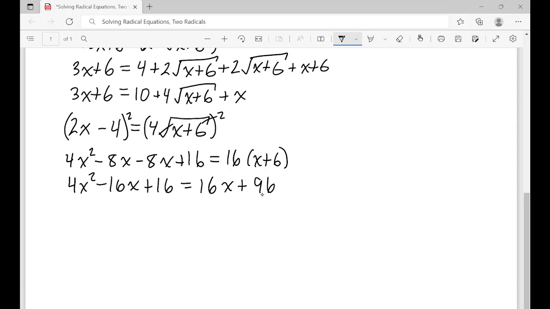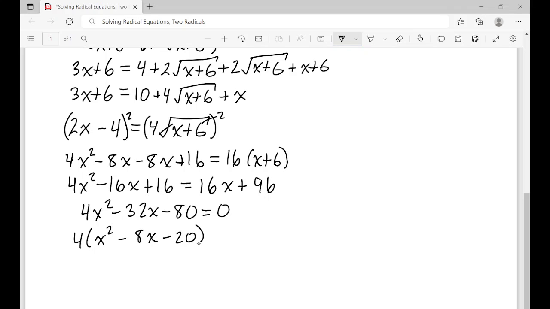Now, finally, no more roots, so I'm going to move everything over to one side, subtract the 16x over, subtract the 96 over, and I'm going to get 4x squared minus 32x minus 80 equals 0. I can factor a 4 out, so 4 times x squared minus 8x minus 20 equals 0.